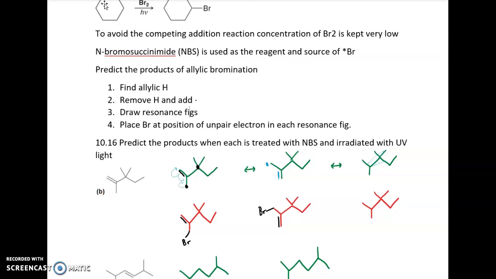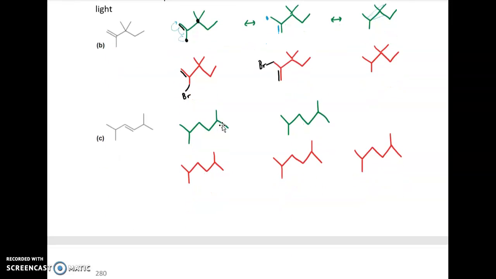Okay, so let's look at the next one. And there's only two products. Notice we didn't make a chiral center, so we didn't need to indicate whether there's for toward us or against us. Okay, so the allylic hydrogens, here's a double bond, the allylic hydrogens are here and here.